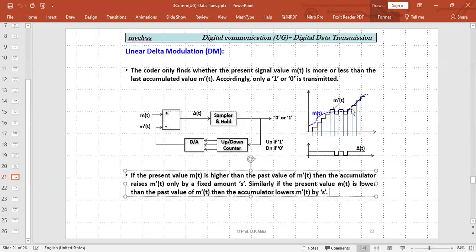But if your signal rises by 3 millivolt, then what happens? Then there will be a situation like this. Your signal, your output will never be up with the signal, and obviously there will be an error, right?